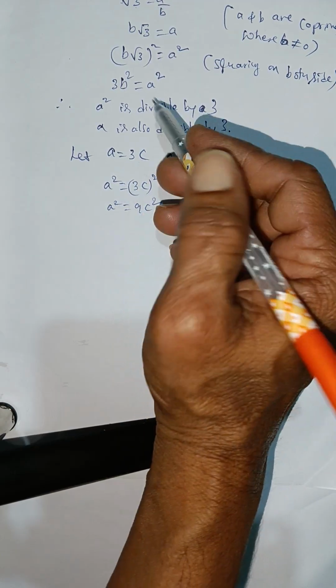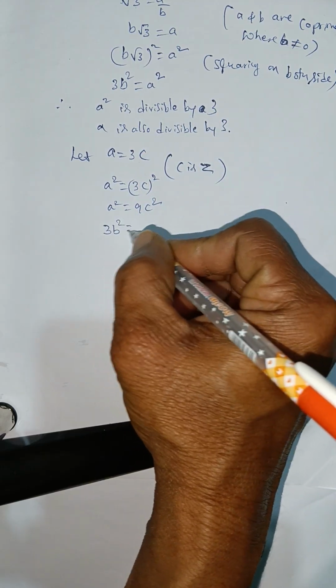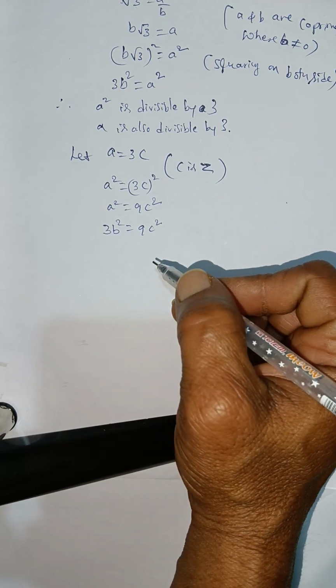Instead of a square, a square means 3b square, so substituting here, 3b square is equal to 9c square.